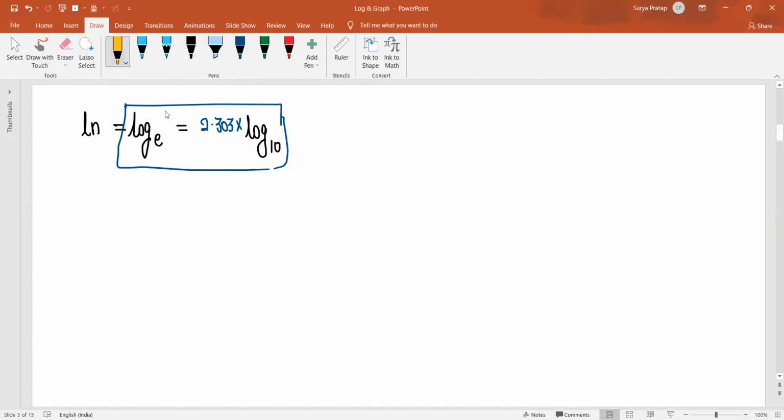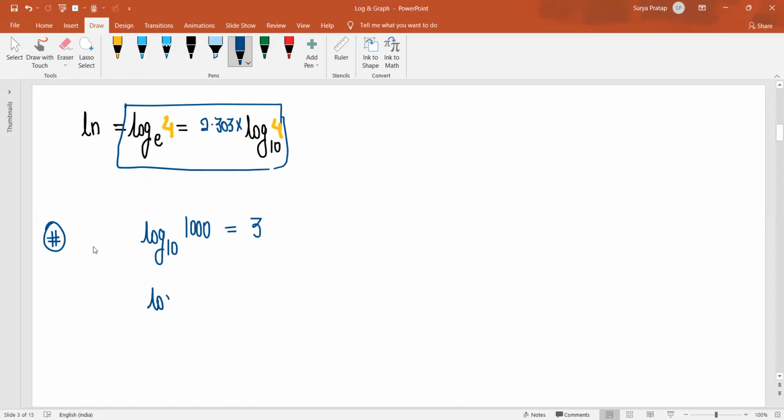If any value is written here, that value remains unchanged. Suppose 4 is written here, then 4 will also be here, no change with that. So by using this approximation, log base 10 of 1000 was 3.